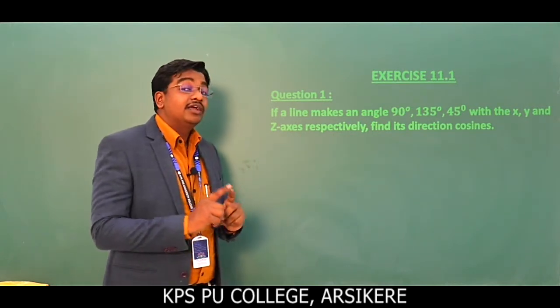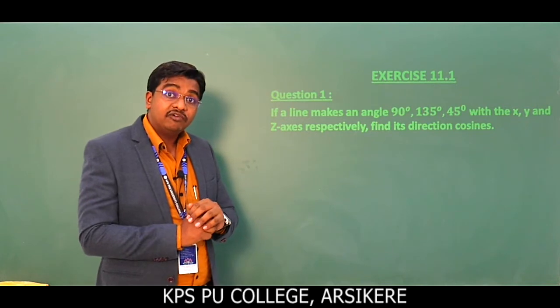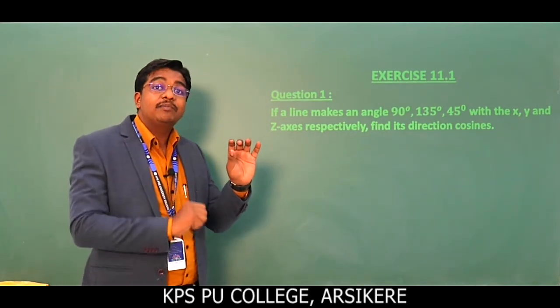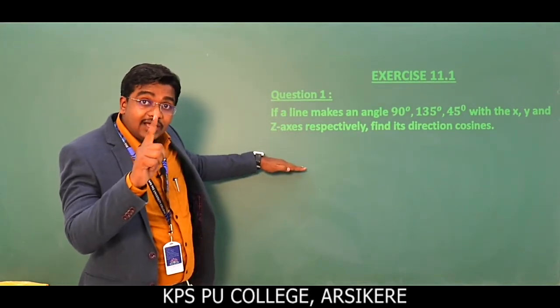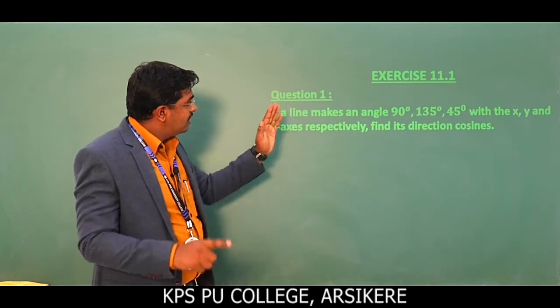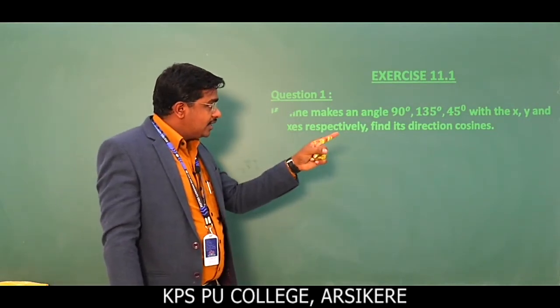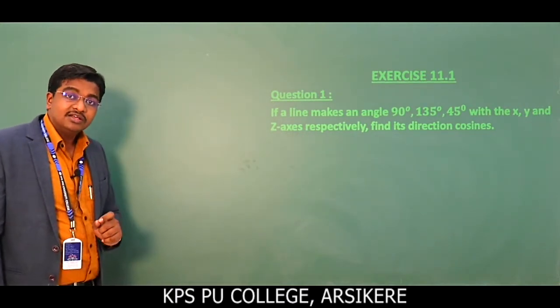Alpha is 90 degrees, beta is 135 degrees and gamma is 45 degrees, because alpha, beta and gamma are the direction angles made by the line.